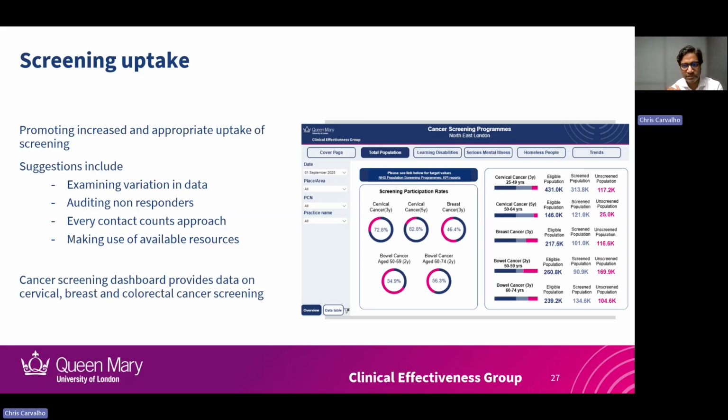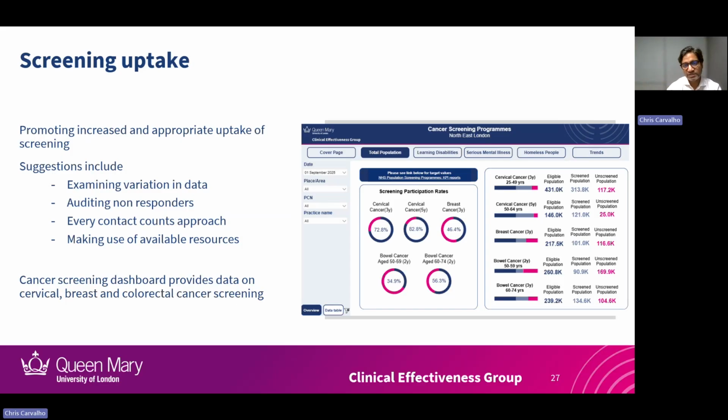In fact, we've got one of them on the screen, which is the cancer screening dashboard. So that provides data on cervical, breast, and colorectal cancer screening to allow you to see where the uptake is good, where it needs improvement, and then for you to be able to use the tools in your practice systems to do that auditing process, to do that review as well.